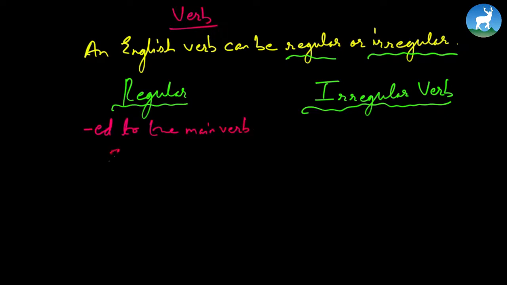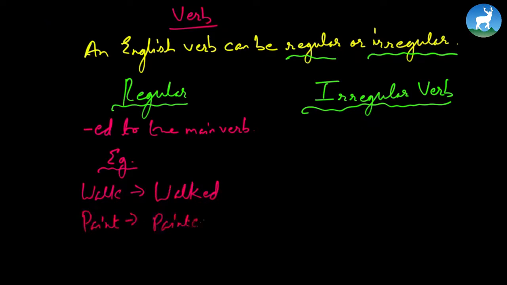For example, she walked. Paint becomes painted. Whenever we have this ed added, we call it a regular verb. Work gets worked, we're taking it to past.